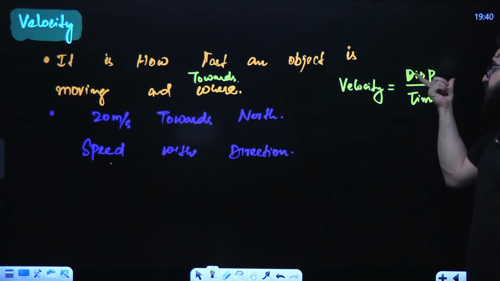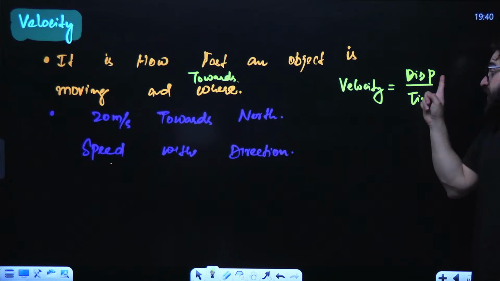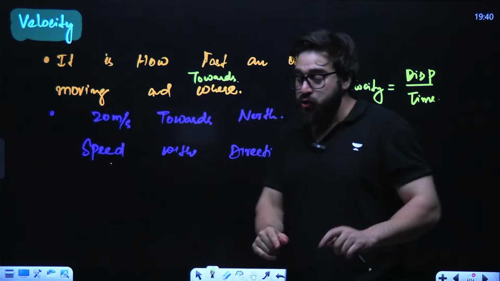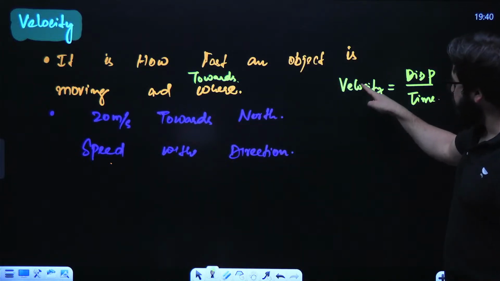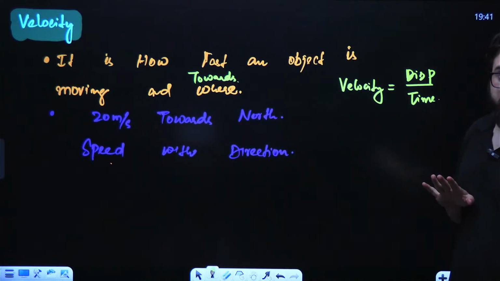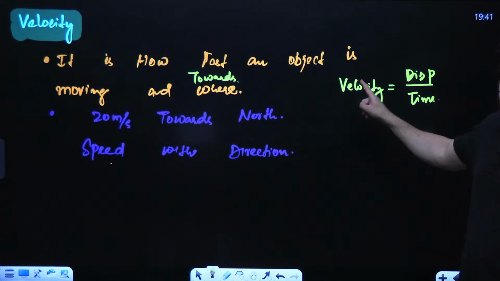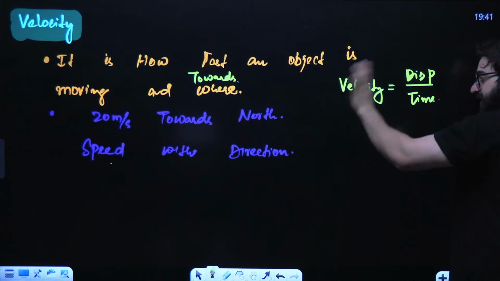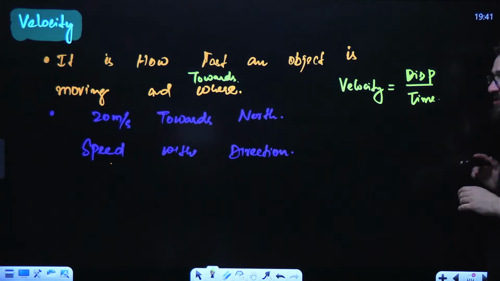Why? Because displacement is a vector quantity. Displacement has got a proper direction, so velocity will be having the proper direction. So in case of velocity, you write displacement upon time. In case of speed, you write distance upon time.